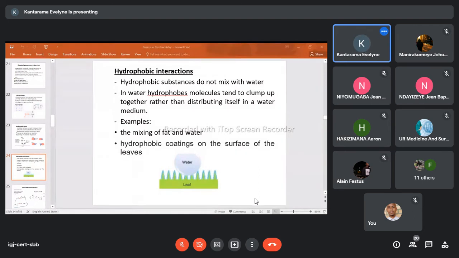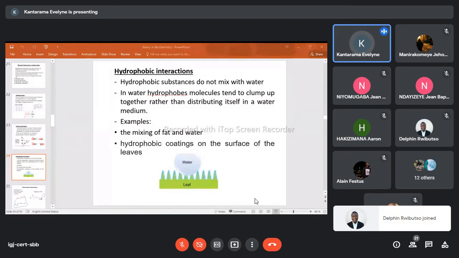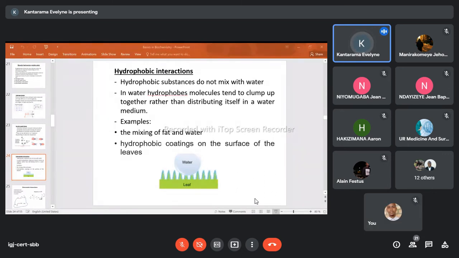Hydrophobes cannot form a bond with water, so in water they clump up, they try to hide, they put together. Here we have an example of when you mix fat and water. As fat cannot react with water, the fat will be put together aside and not mix with water.